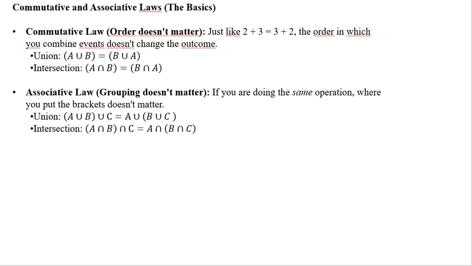So (A union B) union C is the same thing as A union (B union C). Same thing with the intersection. So (A inter B) inter C is A inter (B inter C). So the same thing. This is the associative law.